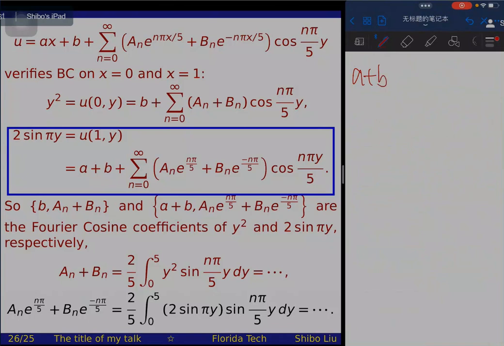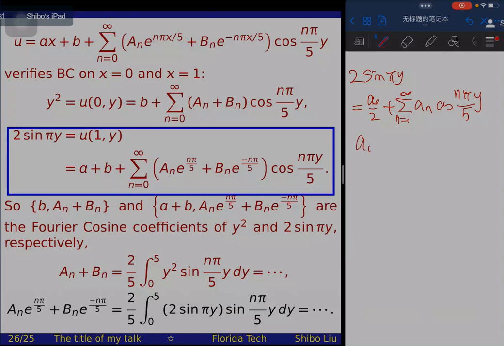Sorry, maybe 2 sine pi y is half of a0 as before plus sigma an cosine n pi y over 5, n from 1 to infinity.